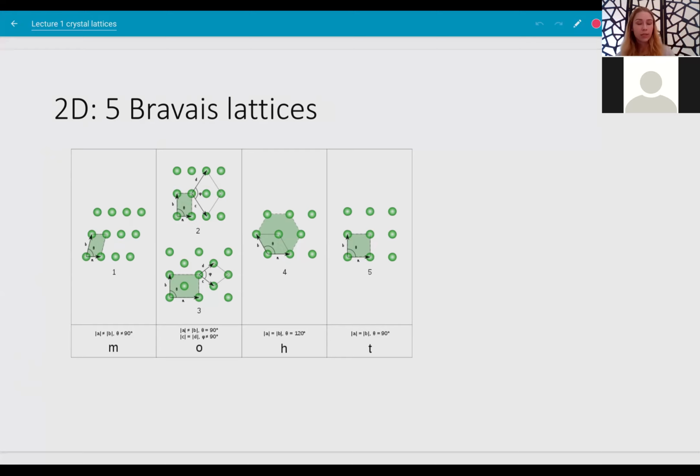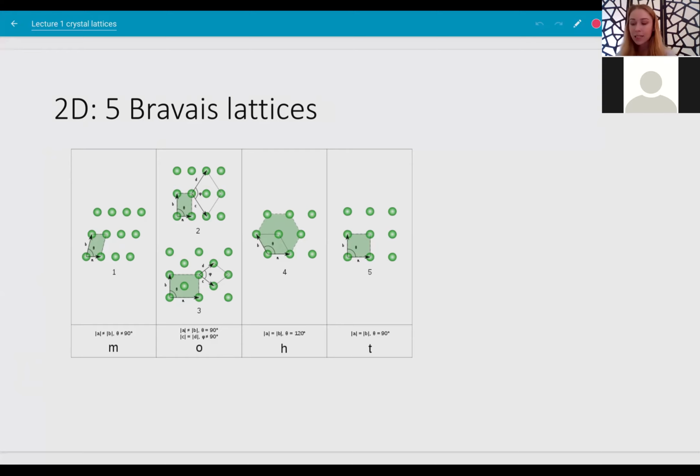It says nothing about the basis or the unit cell. In two dimensions, going from highest symmetry on the right to lowest symmetry on the left, the T here stands for tetragonal, so it's a square lattice.